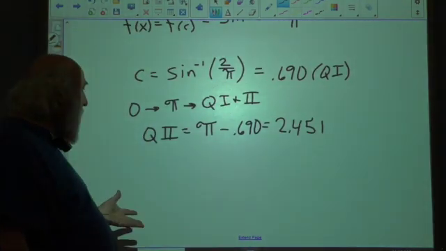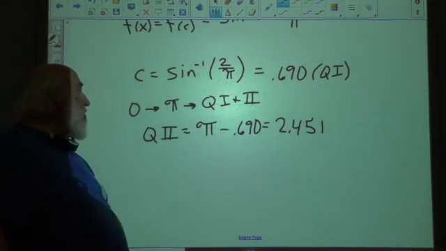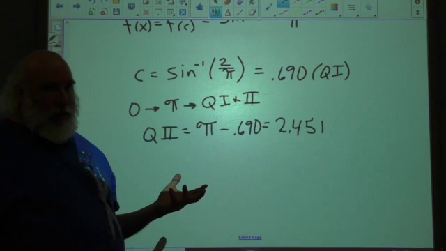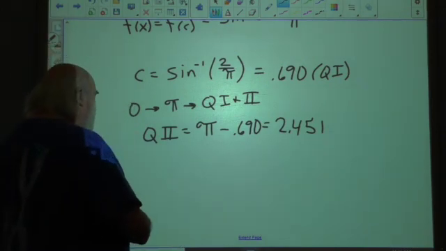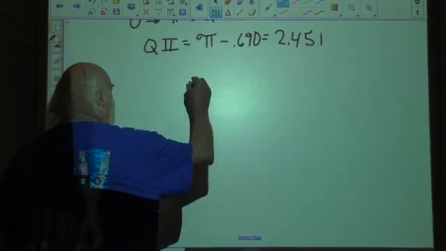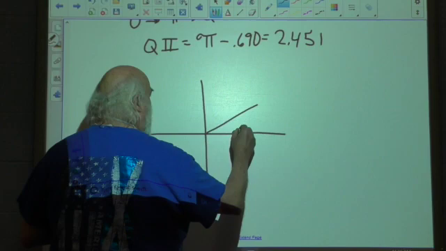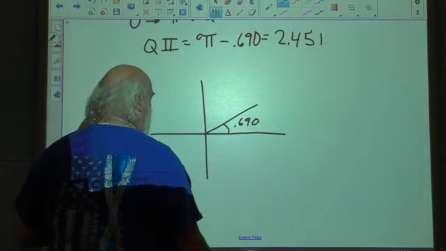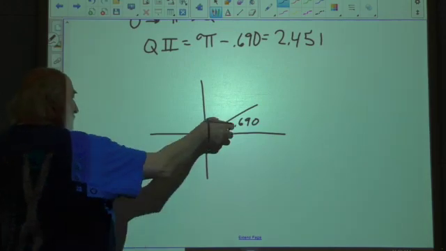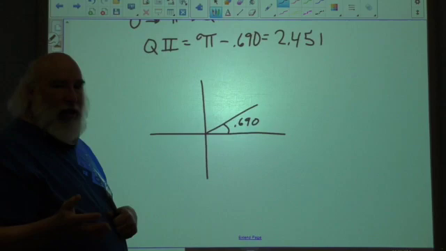Well, in this particular case, if we take pi minus 0.690, that will give us the second quadrant, because it's a reference angle. Now remember, reference angles, this is what we're talking about here. When you deal with reference angles like this, if the value of this angle right here is 0.690 radians, that is the reference angle, meaning how far away from the nearest x-axis it is.